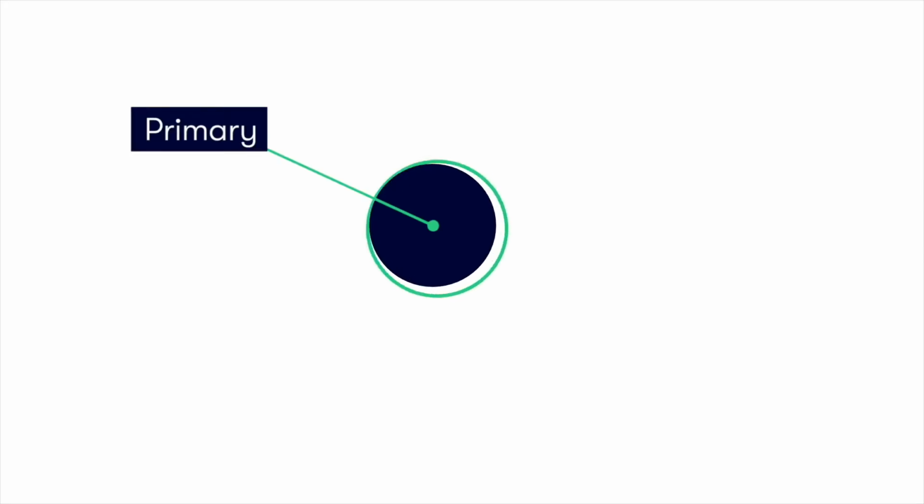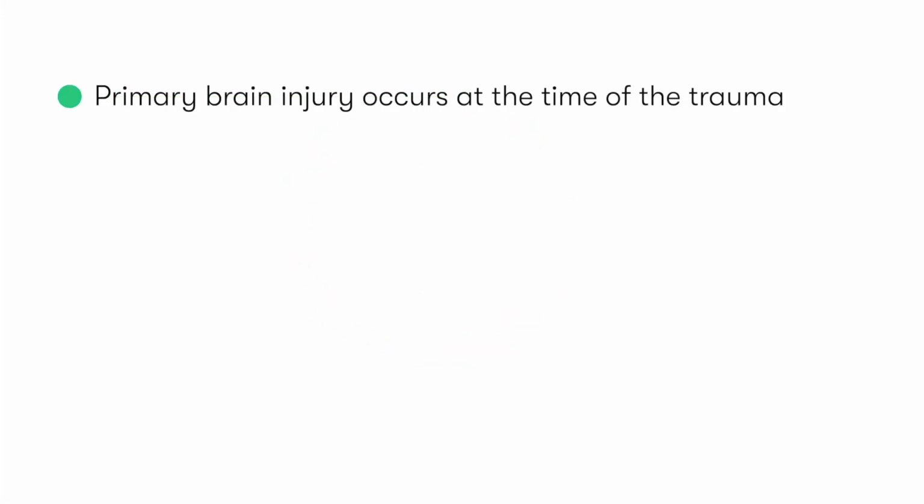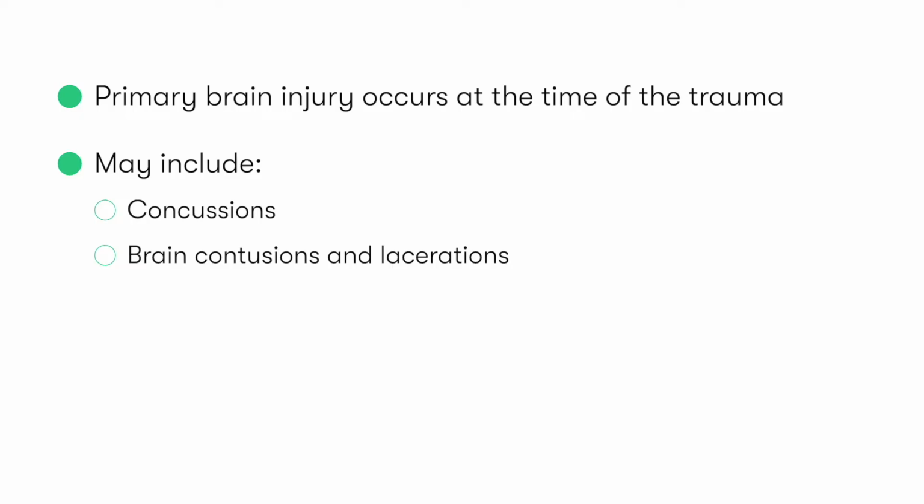An important definition that we need to be aware of in patients with traumatic brain injury is primary brain injury and secondary brain injury. Primary brain injury describes the injury which occurs at the time of the trauma, and it may include concussions, brain contusions and lacerations, and also intracranial hematomas.